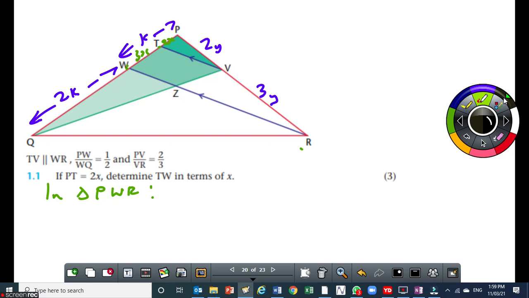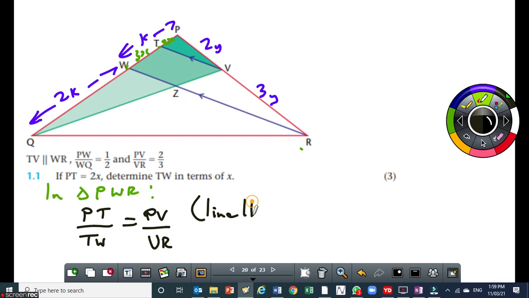So if I use the proportion theorem, I'm going to have PT over TW equal to, I need to use the proportion theorem, PV over VR. Then I'll write line parallel to one side of a triangle.